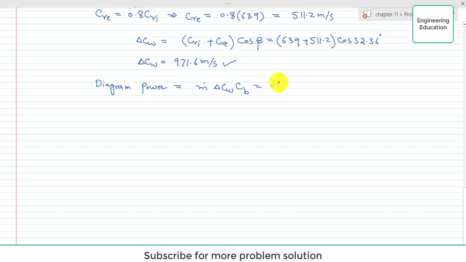M dot is 0.75, delta CW is calculated 971.6 and CB is 400. So the diagram power comes out 291.5 kilowatt. To get the value in kilowatt, we divide it by 1000. So this is the diagram power, 291.5 kilowatt.